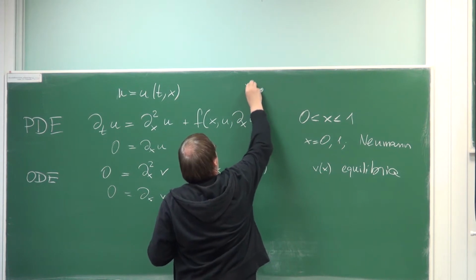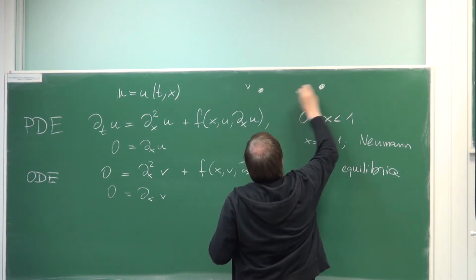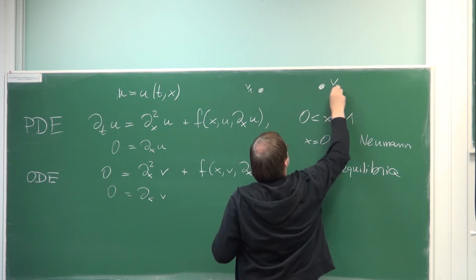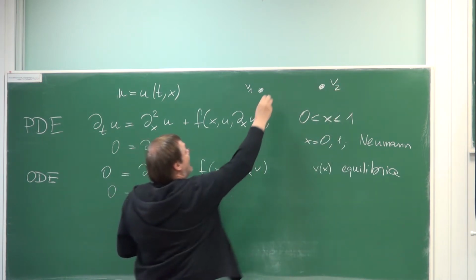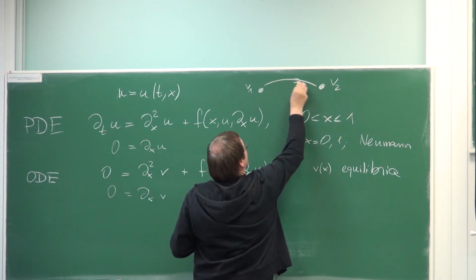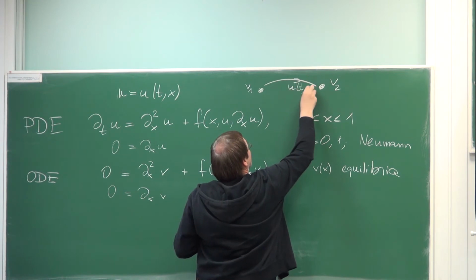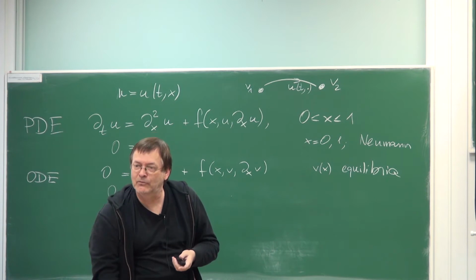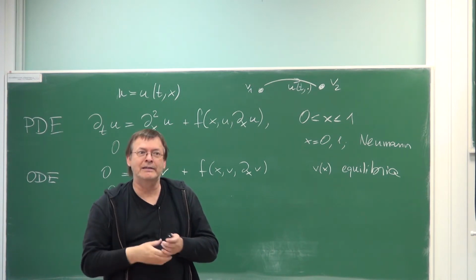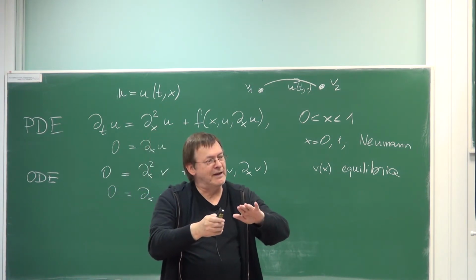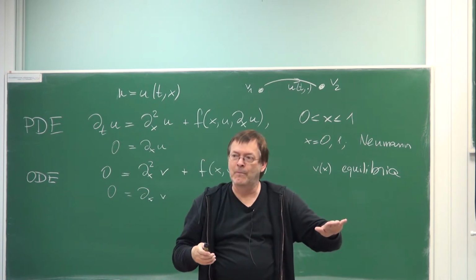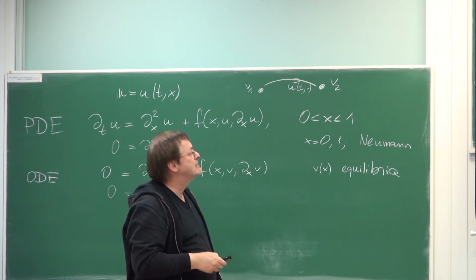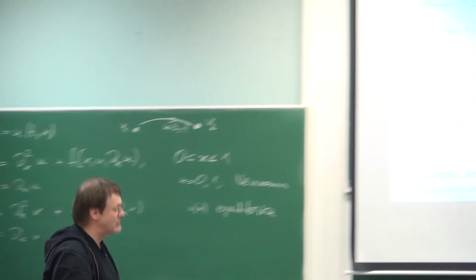They can be equilibria, for example, V1, and here's another one, V2, and they can go from one equilibrium to the other in infinite time, of course. That's all that a solution which is defined for all real time can do. So these solutions is what the global attractor consists of.